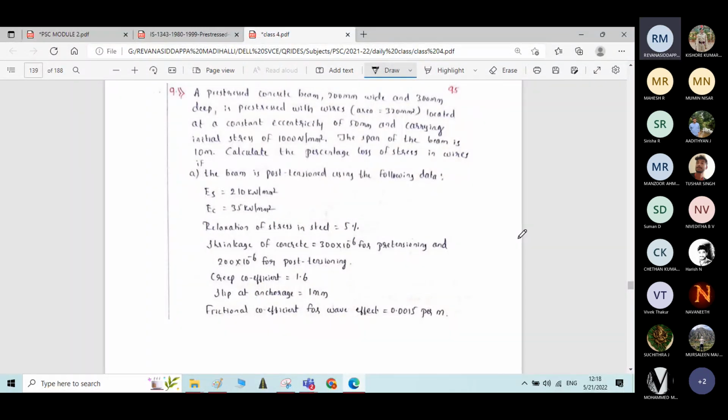I hope you are writing this problem number 9. You go through it.